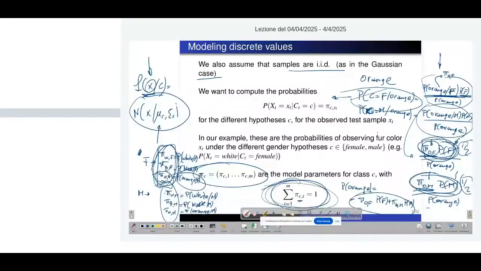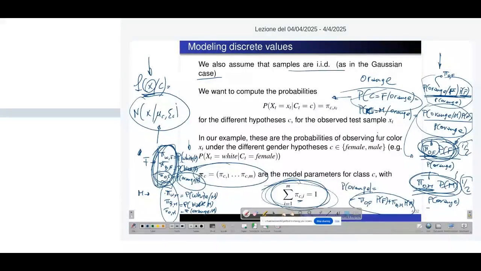We ended up saying that a good estimate, if we have lots of tosses, corresponds to the frequency of the heads. Now here we have a discrete problem, and this represents probabilities of whites inside the female class.